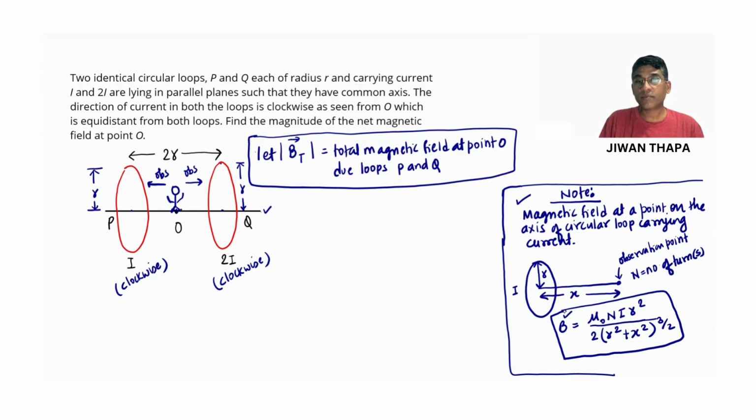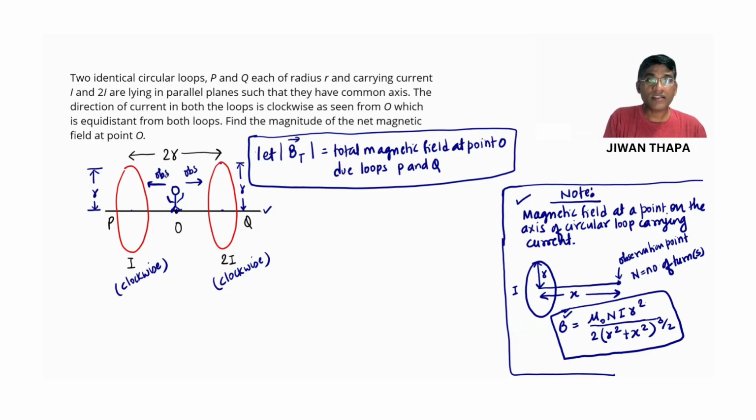And this is the required expression for magnetic field at this point: B equals mu naught N, which is number of turns, I current, and square of the radius of the circular loop, divided by 2 bracket R square plus X square whole power 3/2.